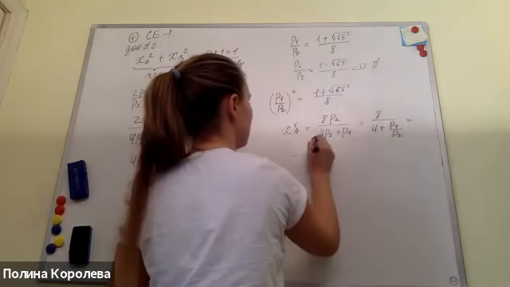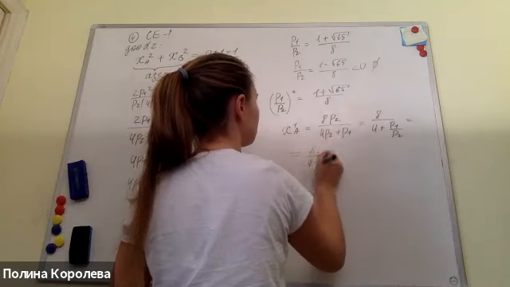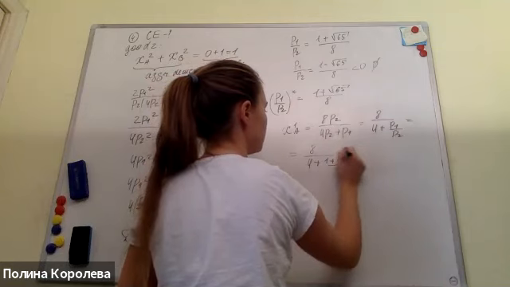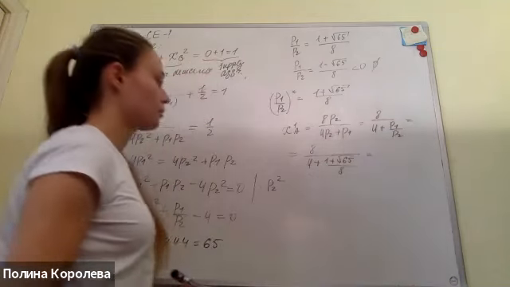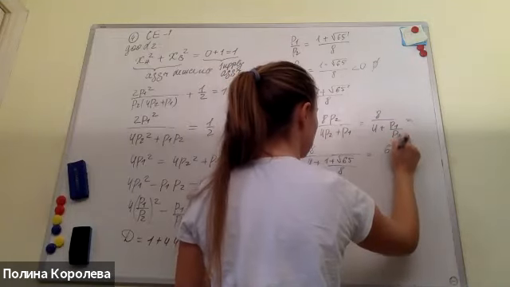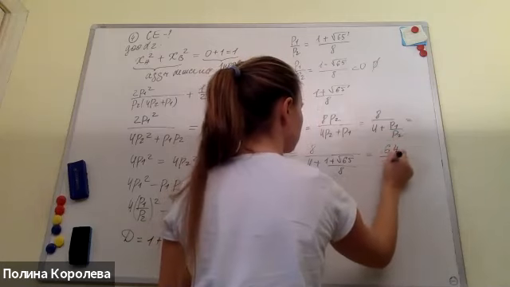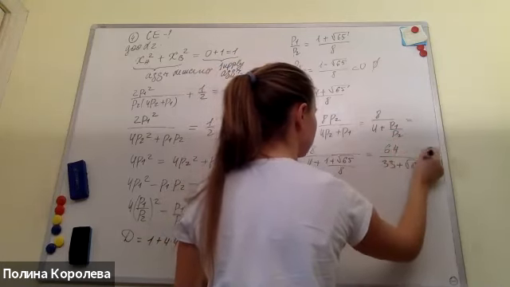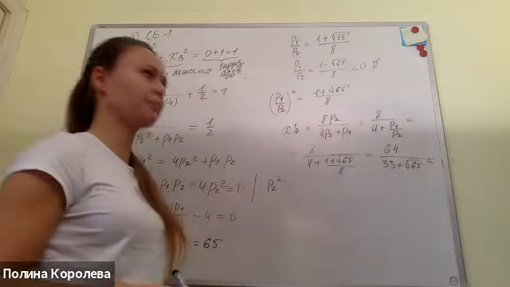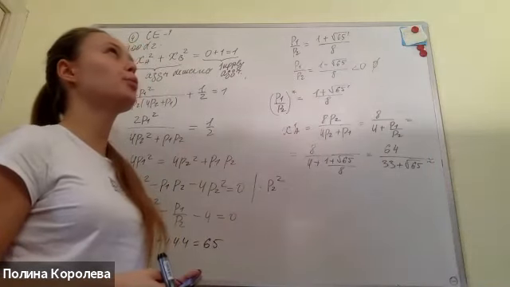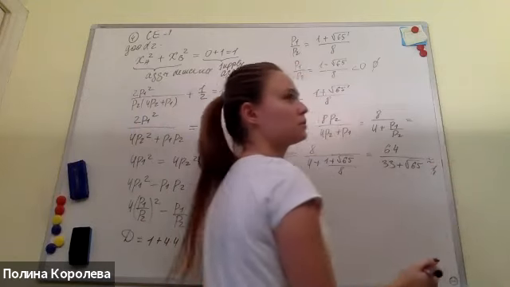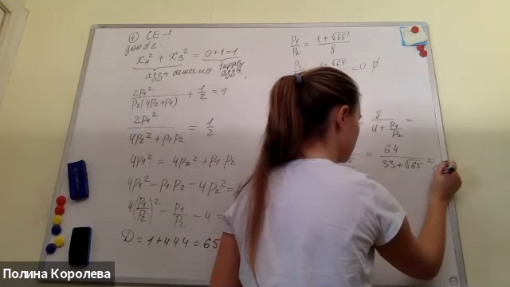And this is 8 divided by 4 plus the equilibrium price ratio, 1 plus the square root of 65 divided by 8. And this is 64 divided by 33 plus the square root of 65, which is approximately 1.56.